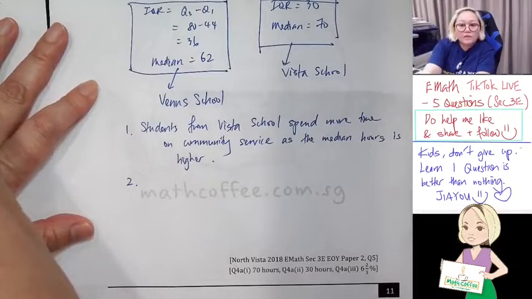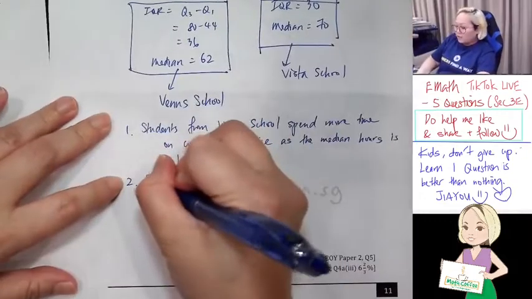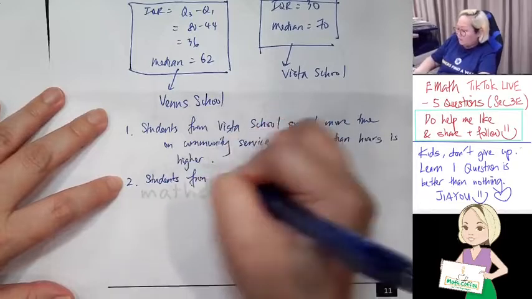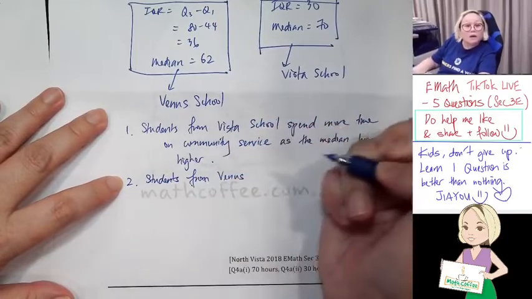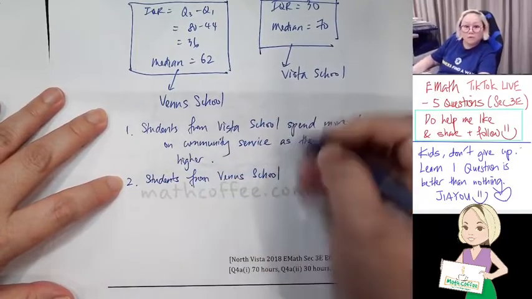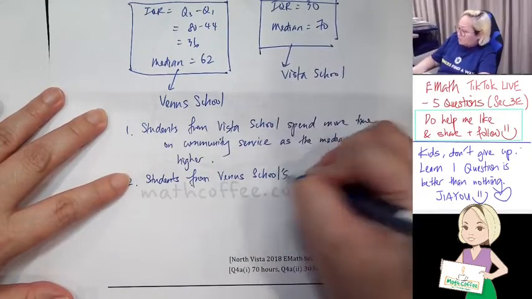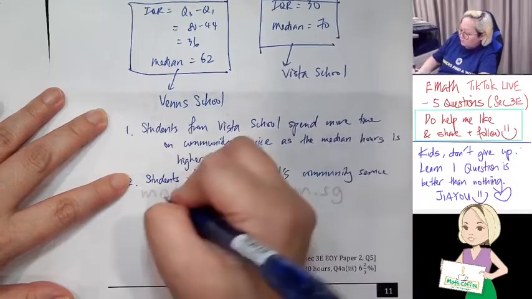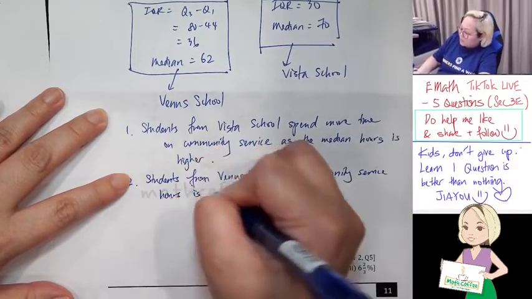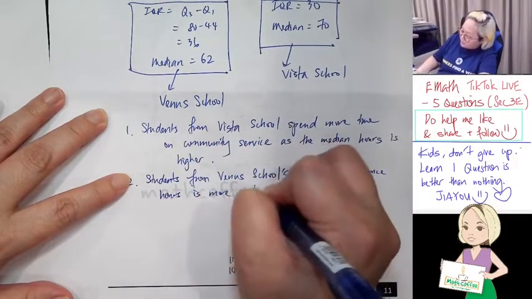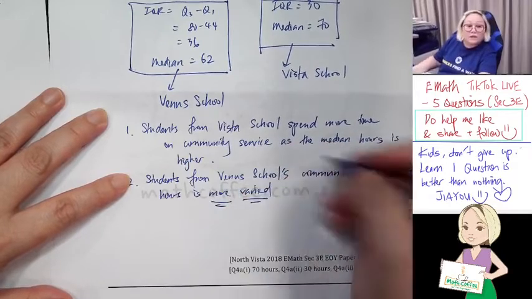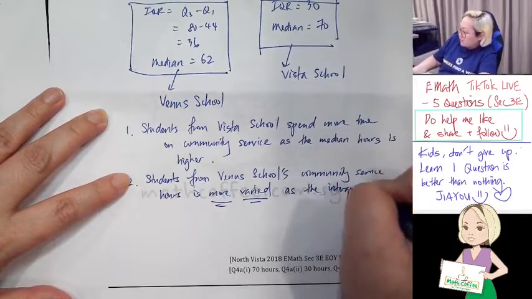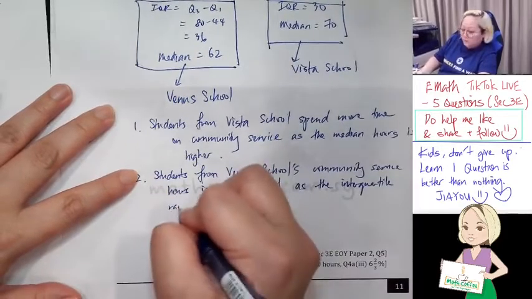So with this, then you will say students from Venus School community service hours is more varied, as the interquartile range is larger.